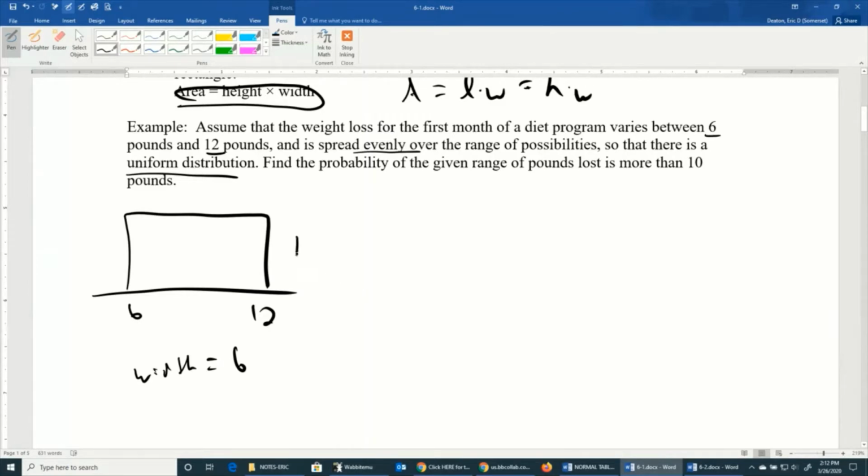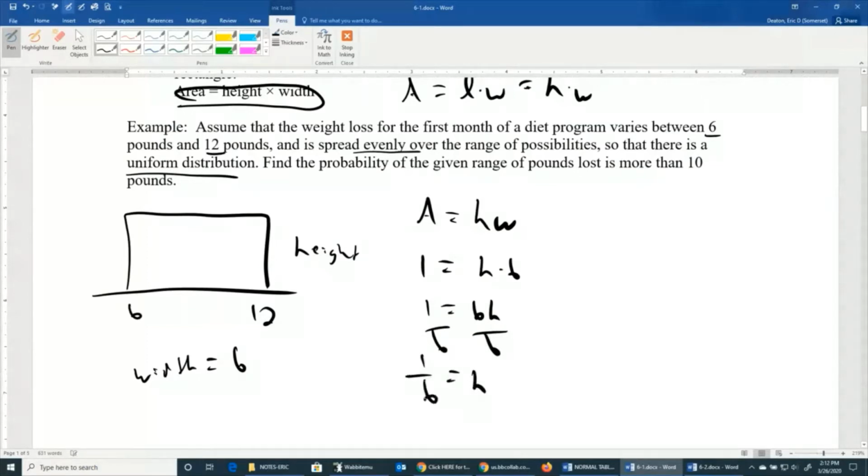And so I need to find the height. To find the height, I'm going to use area equals height times width. We know that the area of the curve is 1, and we know the width is 6, and we're going to keep h as h. So that becomes 1 equals 6h, and dividing both sides by 6, we get h is equal to 1/6.